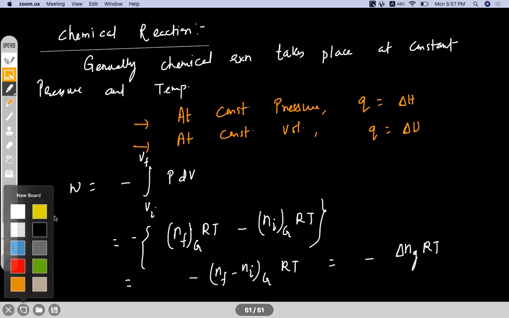So the expression of delta H would be for chemical reactions, gaseous species. Delta H is equals to delta U plus delta ng RT.